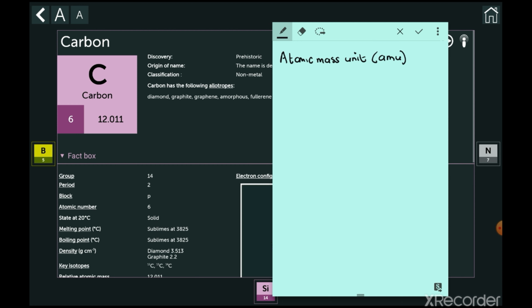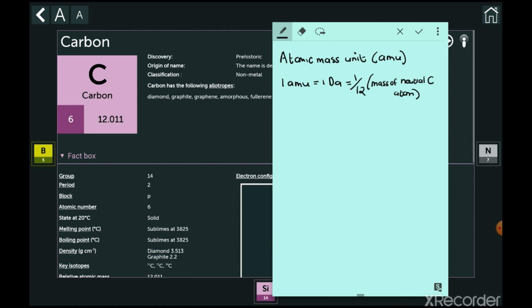So one atomic mass unit is equal to 1 Dalton. Don't worry about where the definitions are from at this point in time, but just know that it's equal to 1 Dalton, and that is basically equal to a 12th of the mass of a neutral carbon atom.